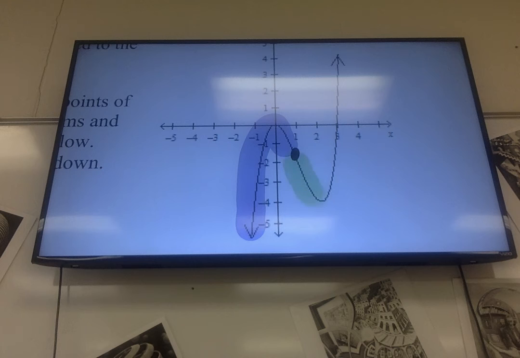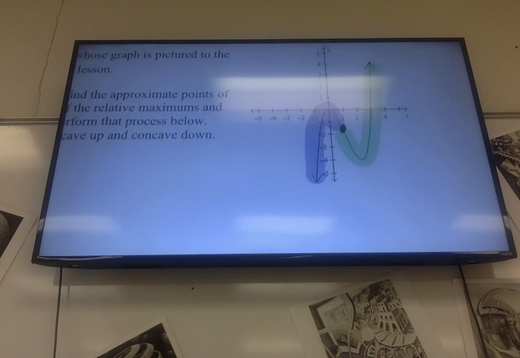On this side, notice it's concave up. And right where it changes concavity is the point of inflection.